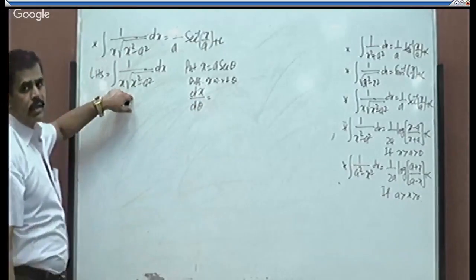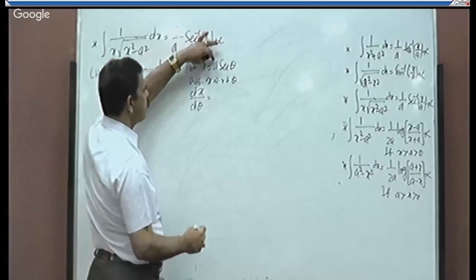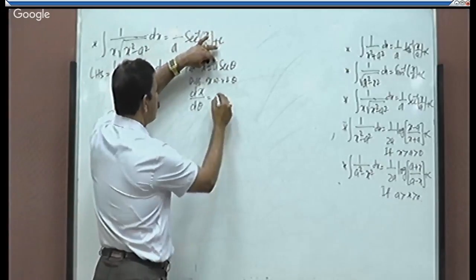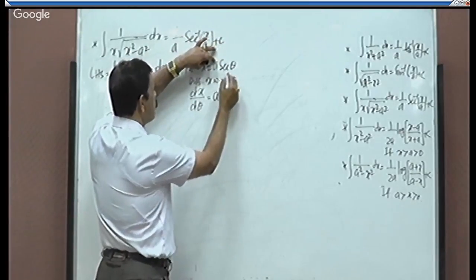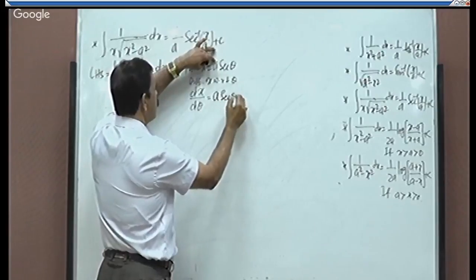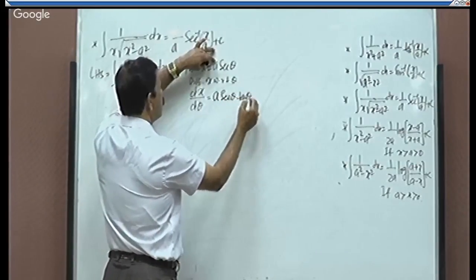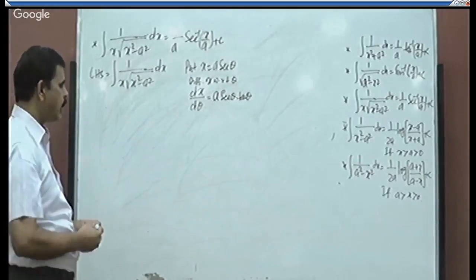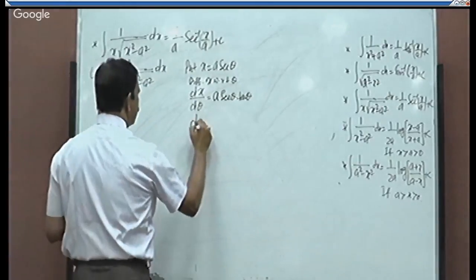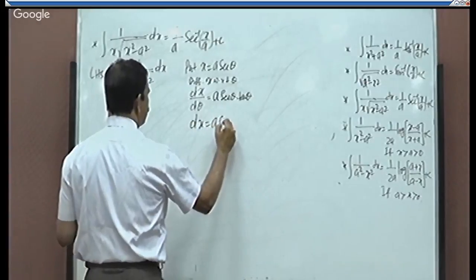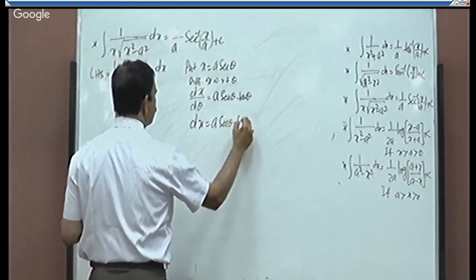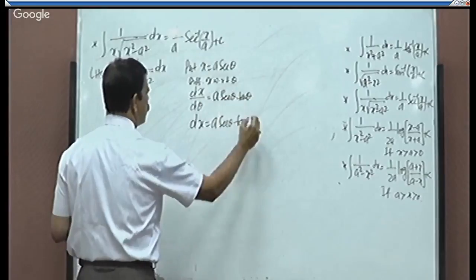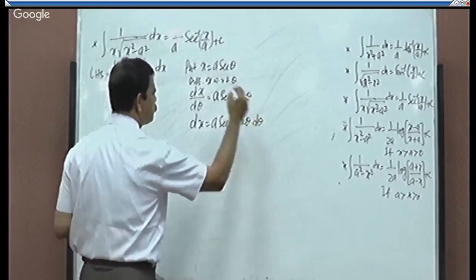dx by d theta is equal to constant into function. Keep the constant as it is. Differentiate the function secant theta into tan theta. Differentiation of secant theta is what? Secant theta into tan theta. Otherwise, dx is equal to a into secant theta into tan theta into d theta.